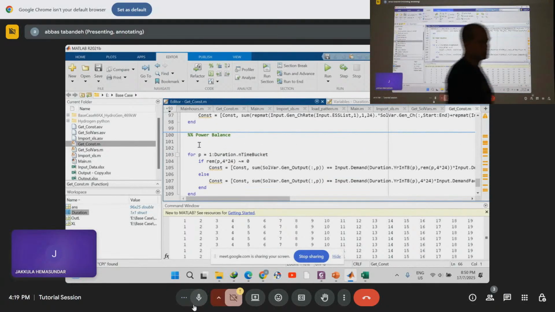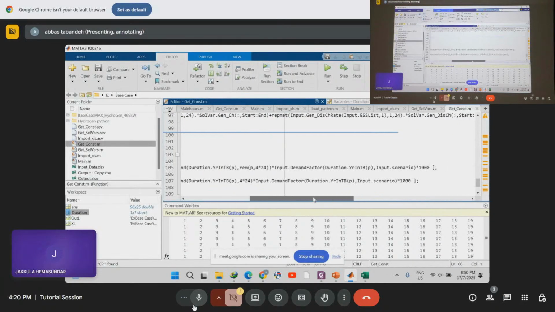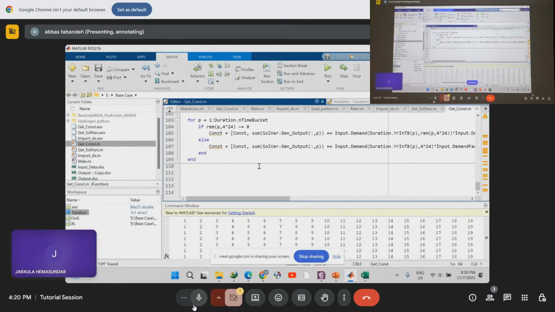And we need to model the power balance equation. Summation of generation is equal to summation of load. Generator output, as you can see, is equal to our load, input demand.